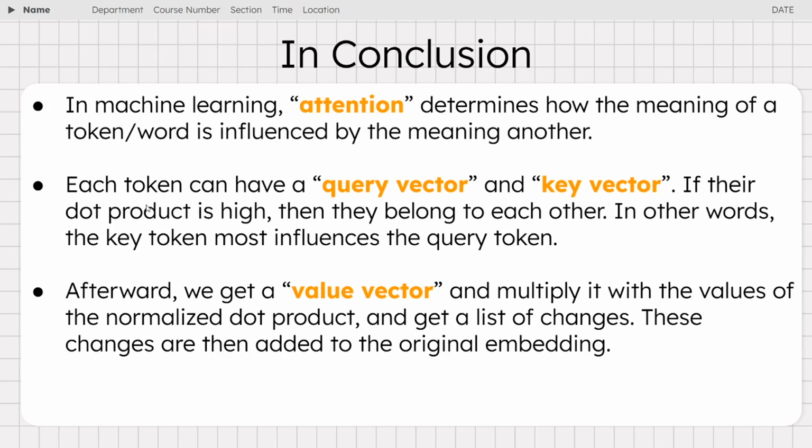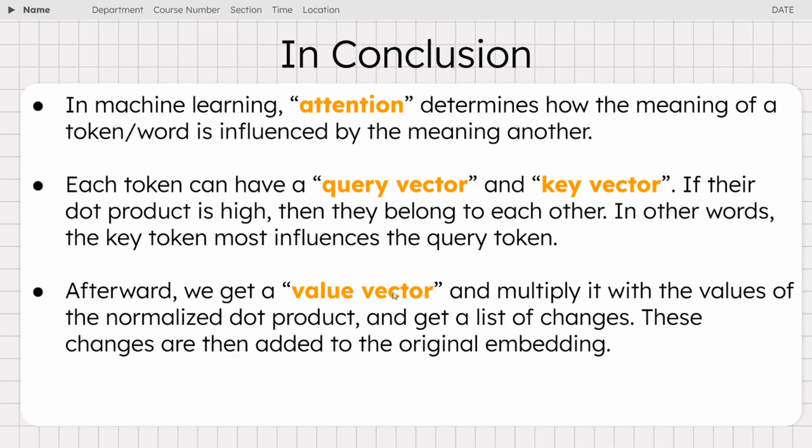If the dot product of the vectors is high, then they correspond to each other. In other words, the key tokens must influence the query token. A key influences the query the most.